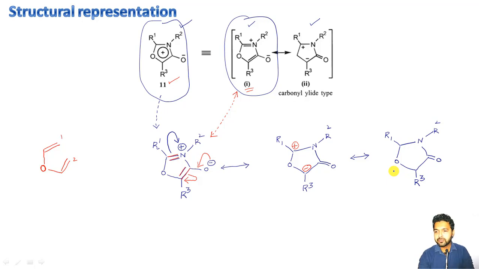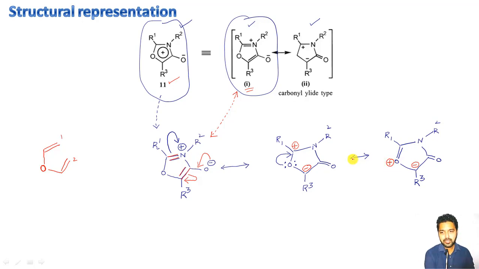And now the negative charge stays as it is, and moreover I can also show it like this, these two electrons resonating in this way, giving a double bond like this. This positive charge will now disappear from this carbon atom, and instead it will now come over to this oxygen atom, and the situation will be like this, right?